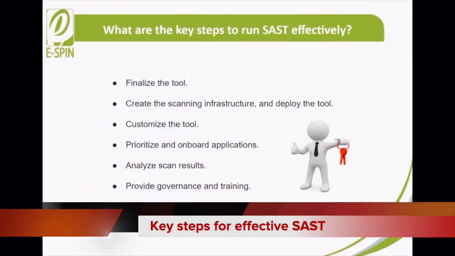What are the key steps to run SAST effectively? There are 6 simple steps needed to perform SAST efficiently in organizations that have a very large number of applications built with different languages, frameworks, and platforms.